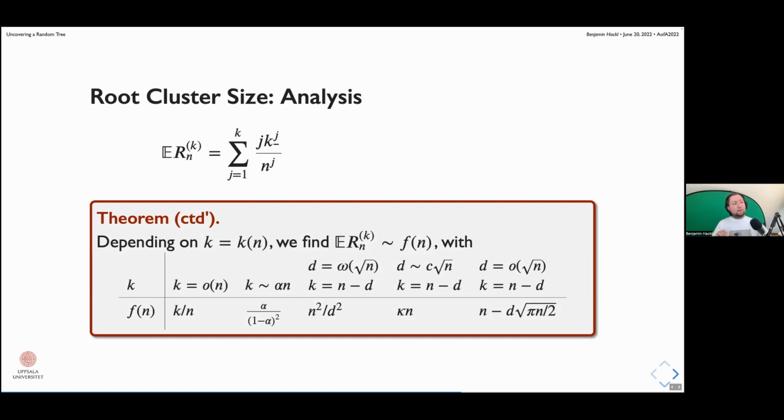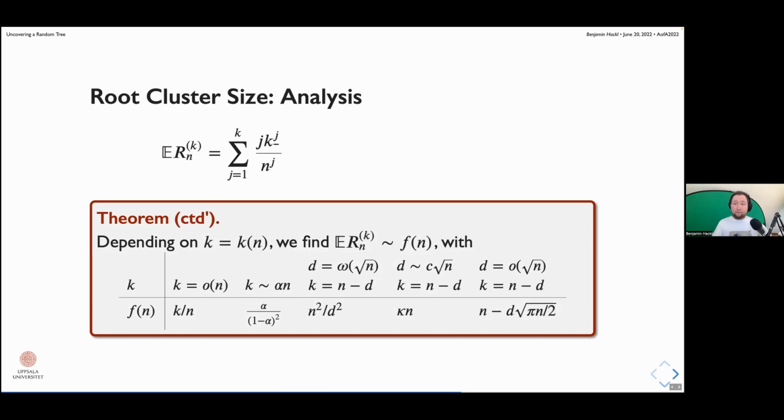As soon as more than root n vertices are still covered, in that case there are n squared over d squared, where d is the difference, the number of still covered vertices, for the root cluster.